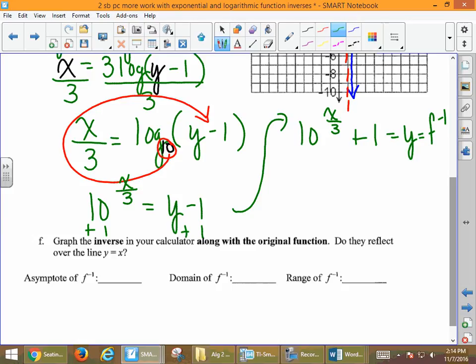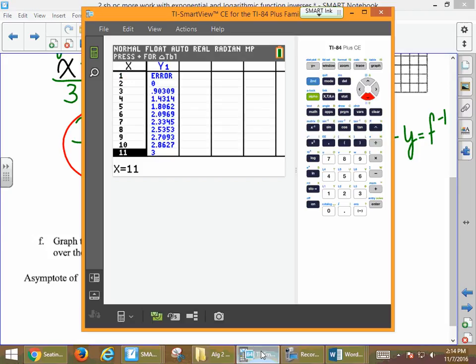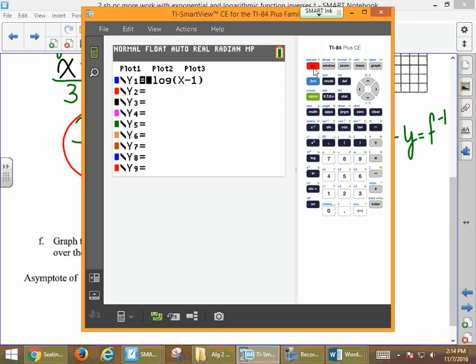And now we want to graph that. So we'll go back into our calculator. In our second graph here, and actually I'm going to put it down here in the fifth.